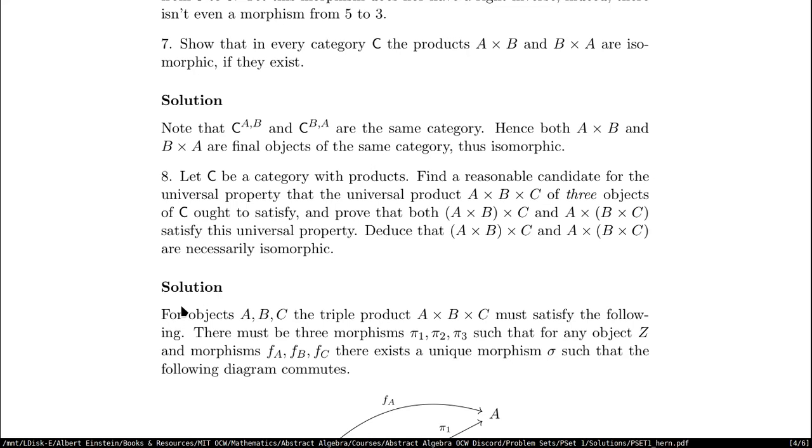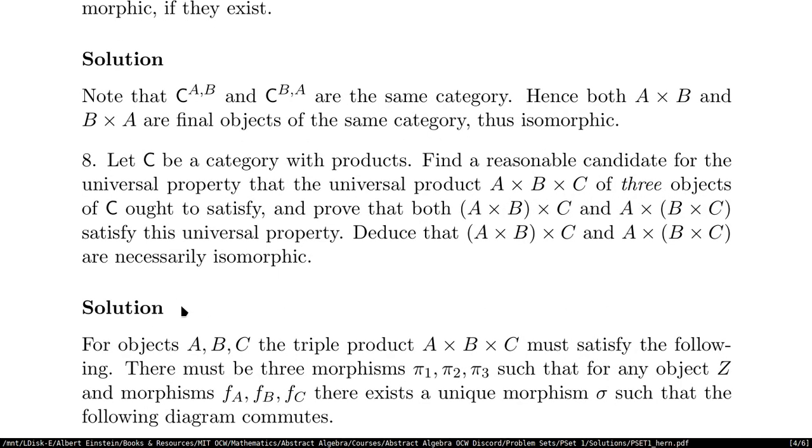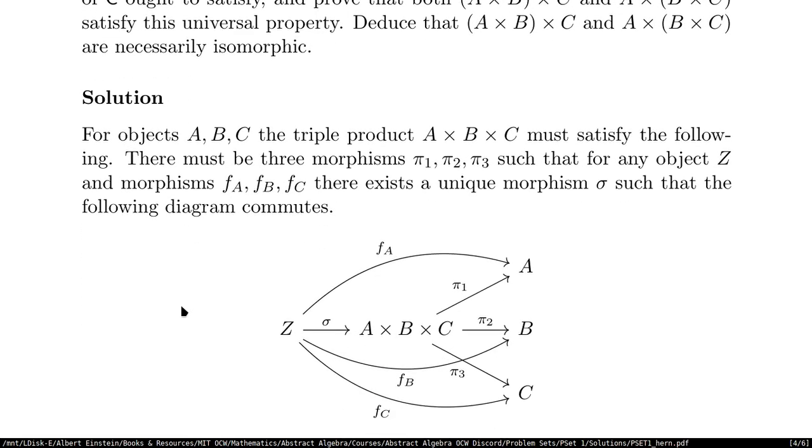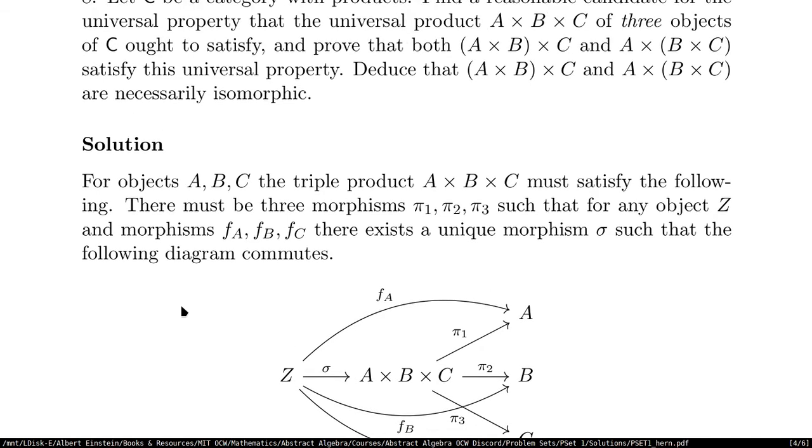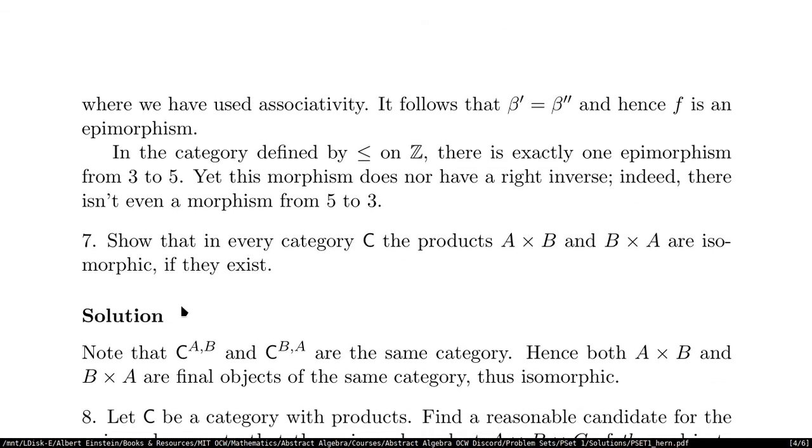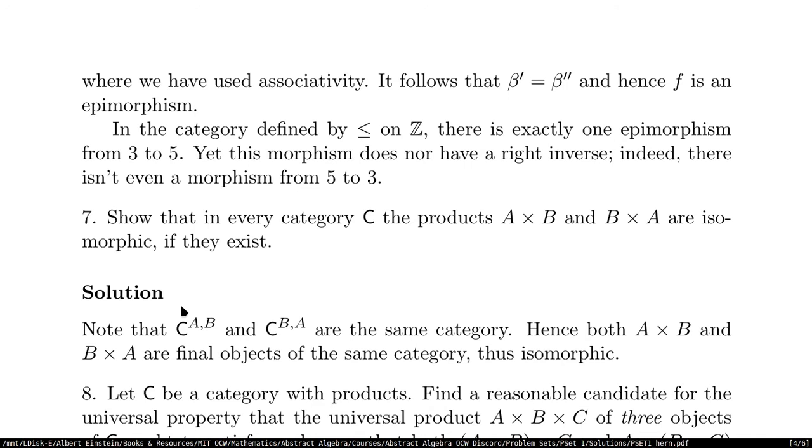This was Hearn's solution. Okay, wait, this is 8. And he just says that C_AB and C_BA are the same category.